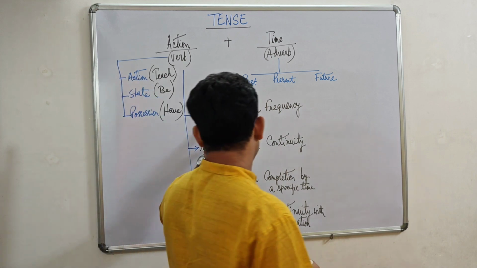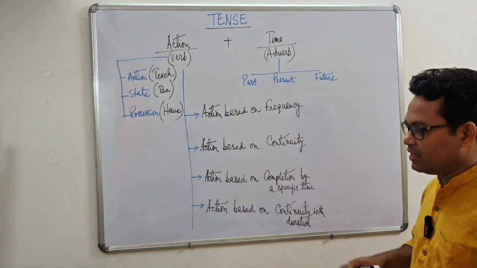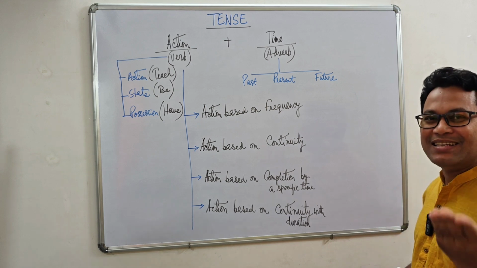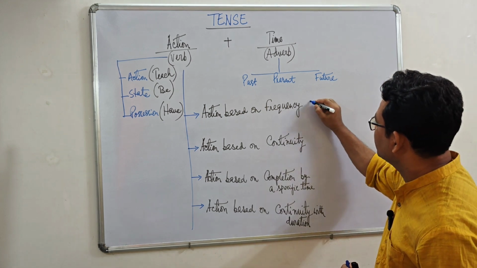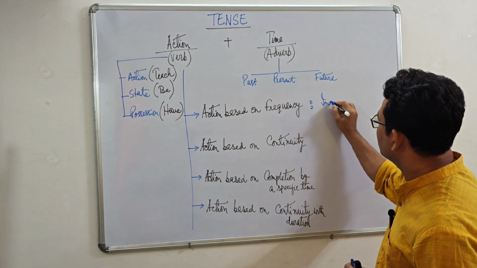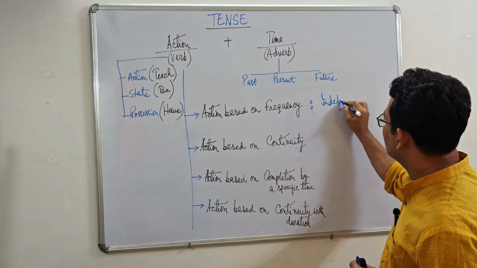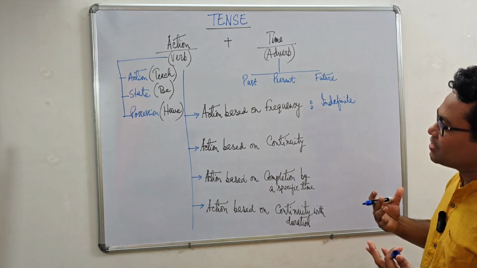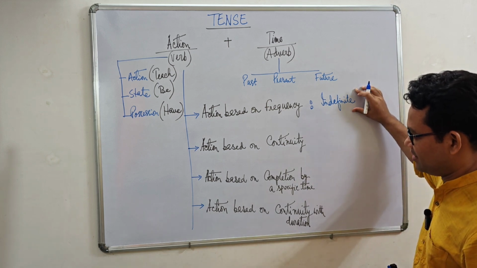So when we get an action based on frequency, we call this type of action indefinite. And this is how we get the tense known as indefinite tense.